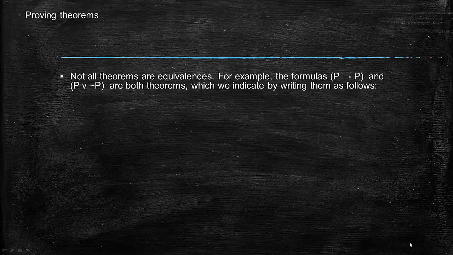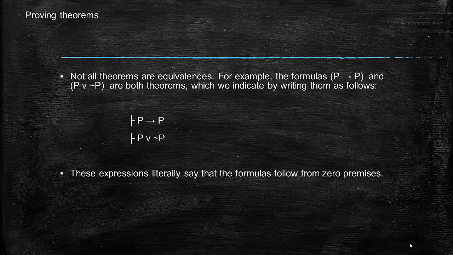Neither of these has a biconditional in it, so they're not telling us that one formula is equivalent to another. So we write these like this: if P, then P, and P or not P follow from no premises. These expressions literally say that.